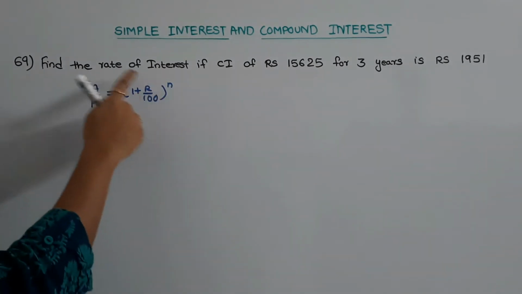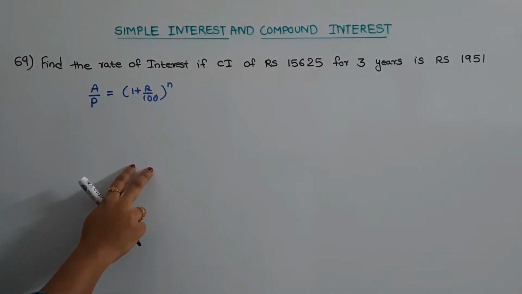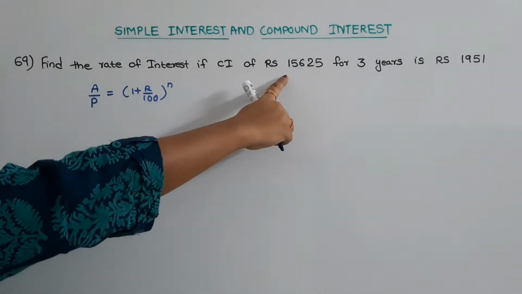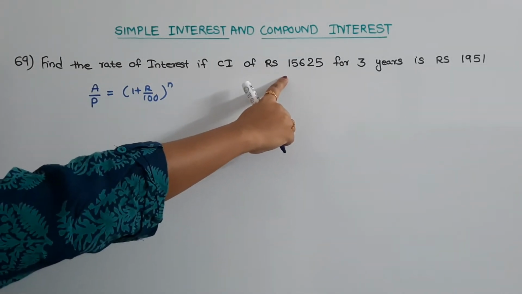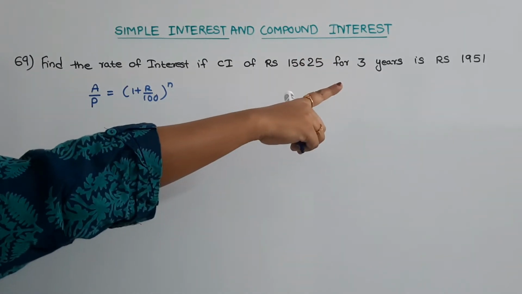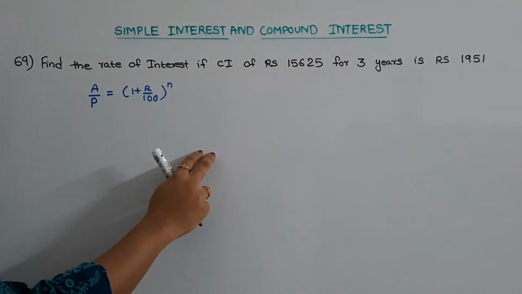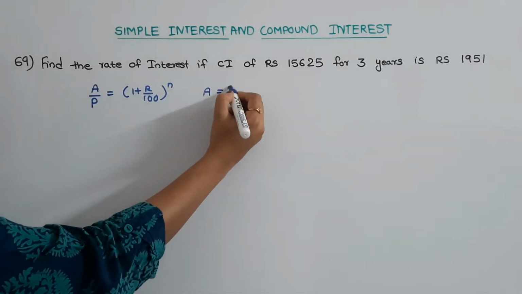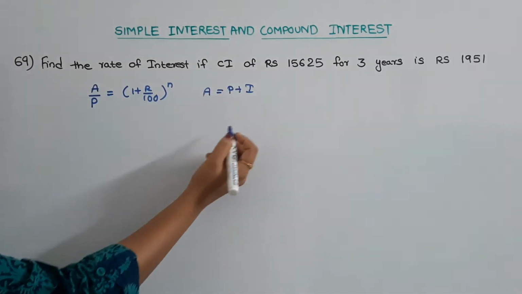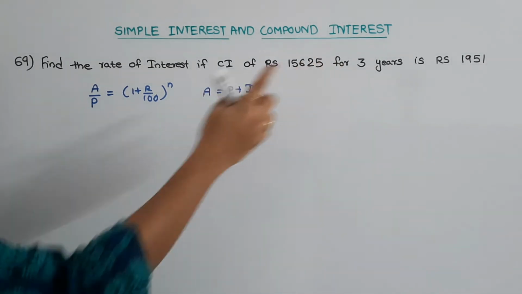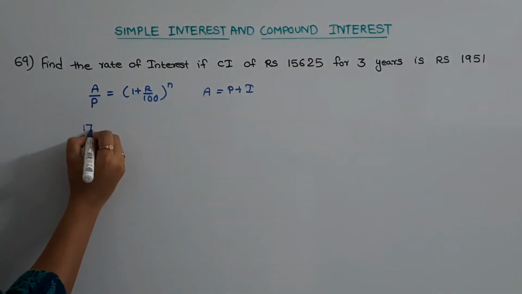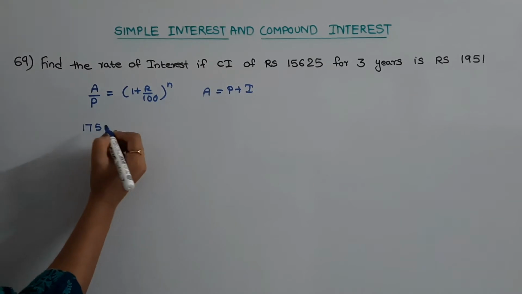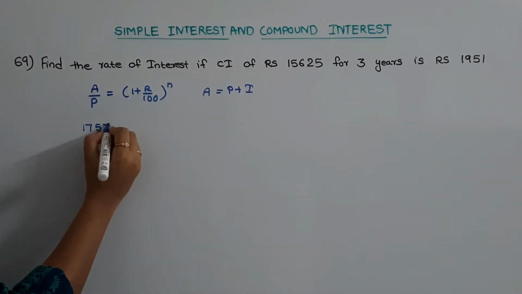Now let us substitute all the given values. Here principal is given as 15,625 and the compound interest is given as 1,951. Hence what will be the amount? Amount will be equal to principal plus interest. So on adding these two values we will get 17,576.